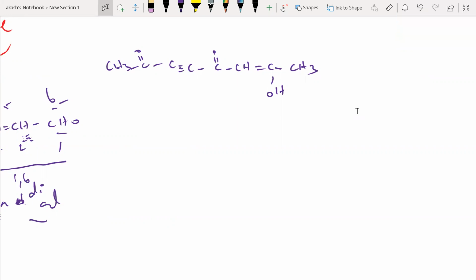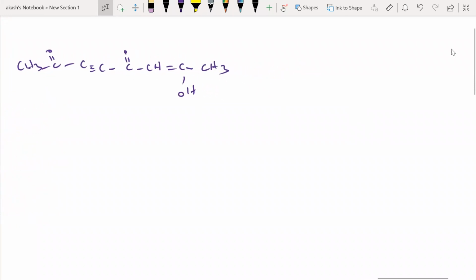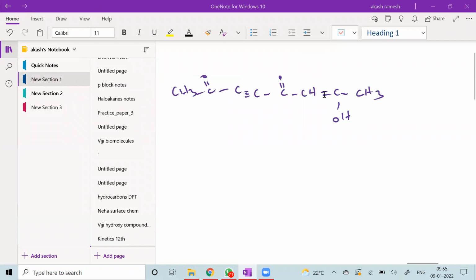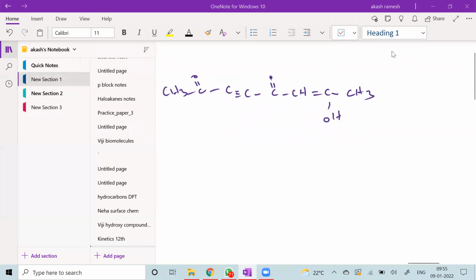To the hydroxyl group only you have to give the first preference, sir? No, the priority goes to the carbonyl group. Okay, sir. Once you're done, you can put it down in the chat box.